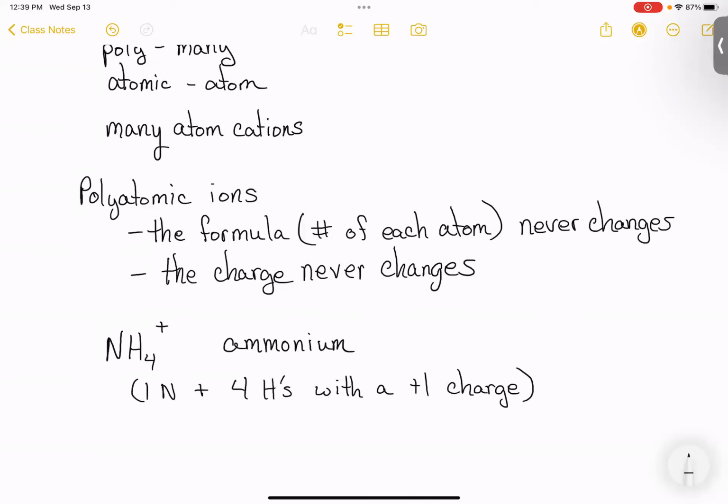Do not confuse ammonium with ammonia. Somebody has heard me say that. Do not confuse ammonium with ammonia. They are two different things.